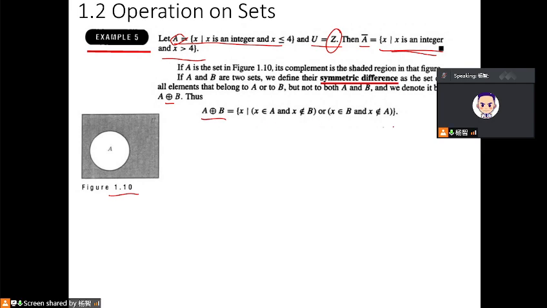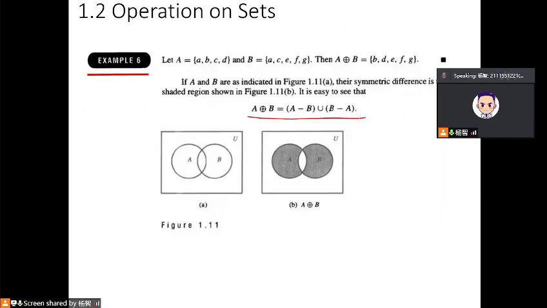The element satisfies this condition: it belongs to A and does not belong to B, or it belongs to B and does not belong to A. I think this expression may be difficult to understand, so I think another expression may be easier. Look at the examples.